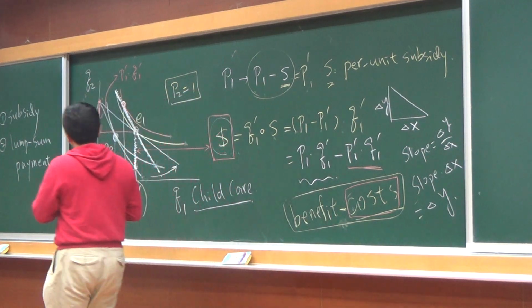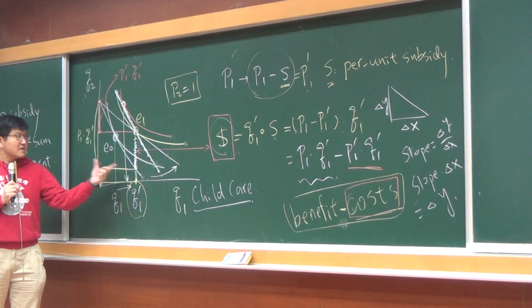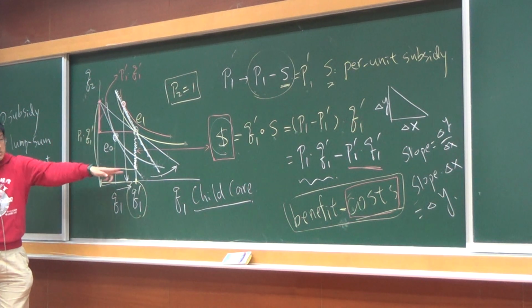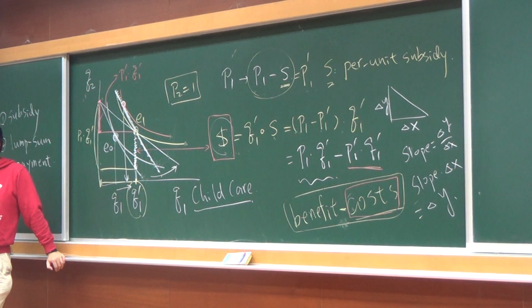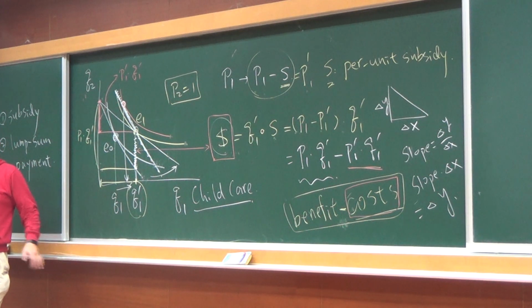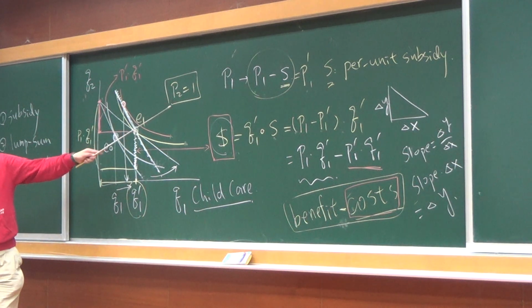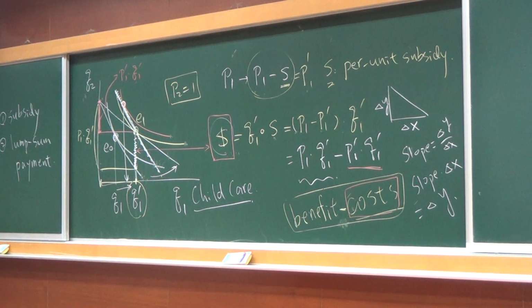Or you may divide this amount by this, so it results in P1. Okay? For convenience, we made an assumption that P2 equals 1. Of course, you may skip this assumption. The result will be the same. Without this assumption, the story still goes on. No problem at all, just a little more trouble.